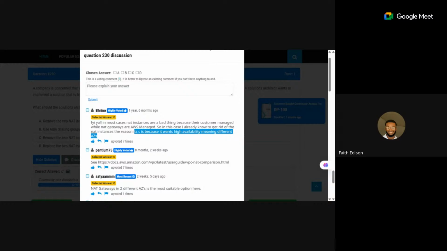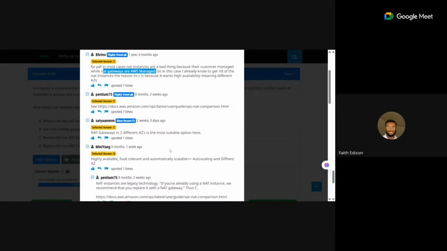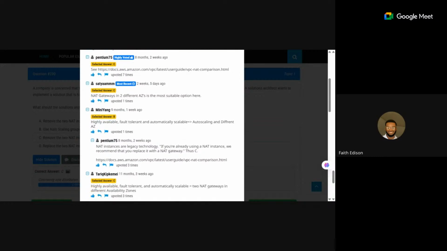So if AWS is managing NAT gateways, that reduces the workload on the customer. Oh, that makes sense. Instances are legacy technology. If you're already using a NAT instance, we recommend that you replace it with a NAT gateway.